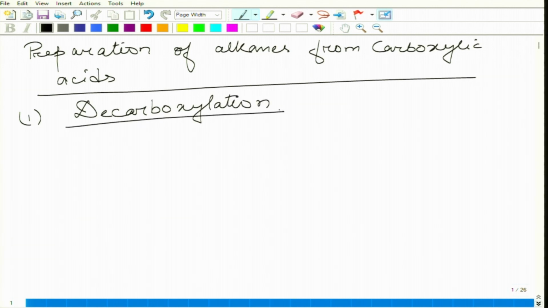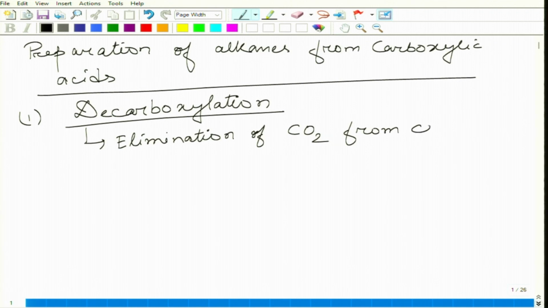As the name suggests, decarboxylation means elimination of carbon dioxide, that is CO2, from carboxylic acid. Since we are eliminating CO2, one carbon is being eliminated.